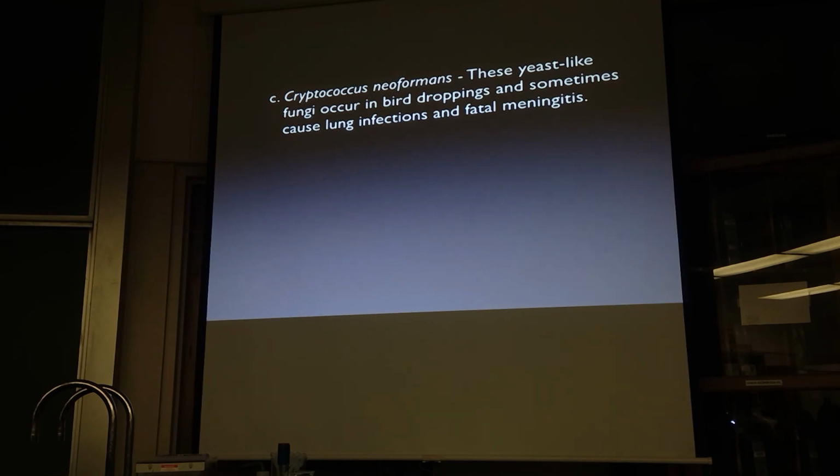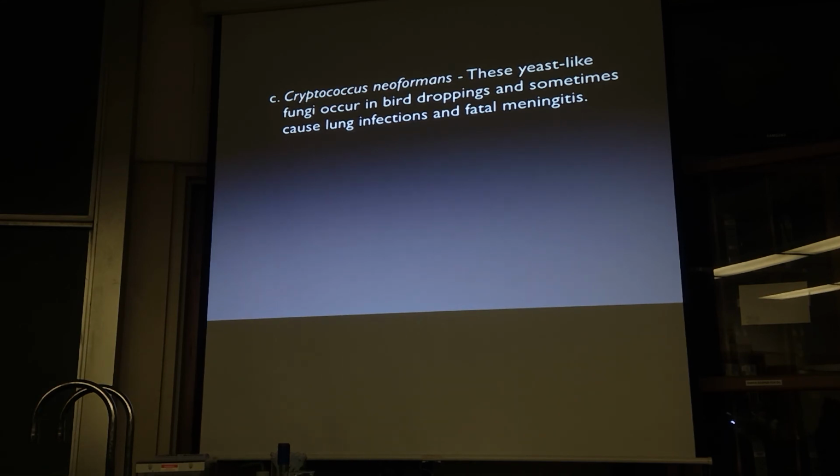Then there's Cryptococcus. Cryptococcus neoformans is a causative agent of pneumonia. In HIV patients particularly, these things were associated with bird droppings, and a lot of people are exposed to bird droppings in cities because there's pigeons and whatnot. They roost on window ledges, they're in the parks, they're walking all over the place, and so people would be exposed to Cryptococcus.